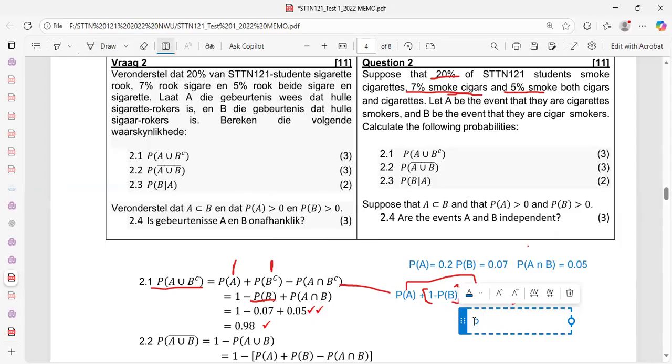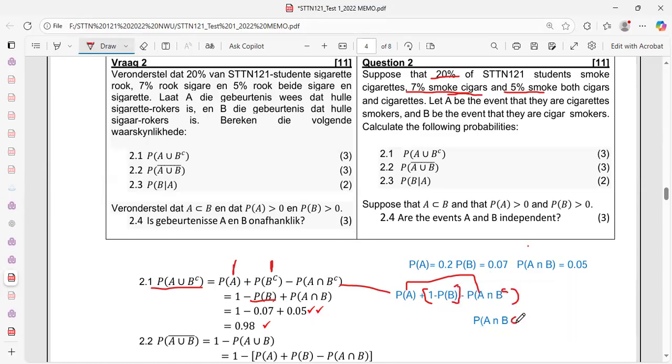The probability of A and B complement. The formula, put it like this.